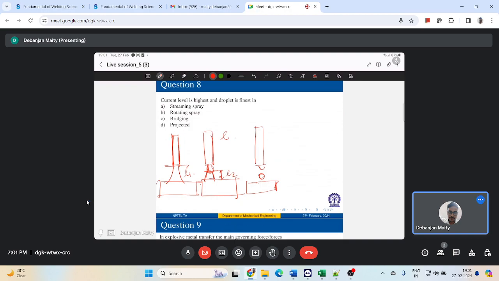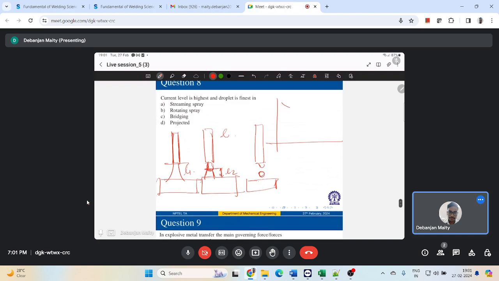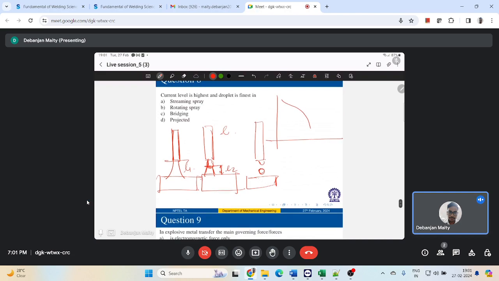In terms of voltage characteristics, what we can say is that my voltage is getting decreased due to the change in arc length, and this is the point when my droplet is getting detached from that electrode, right?